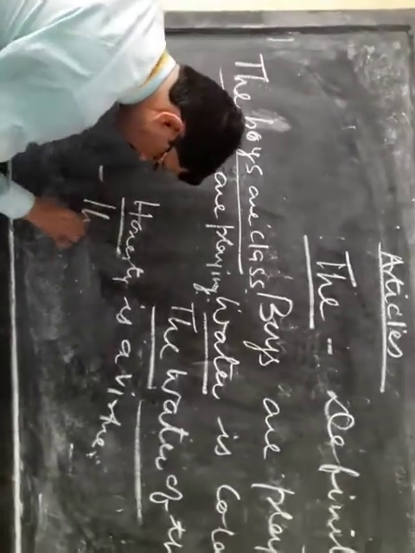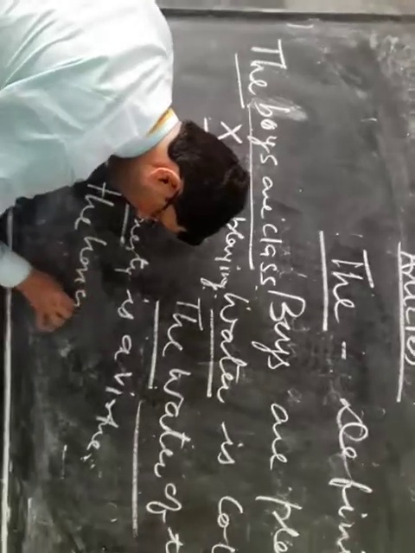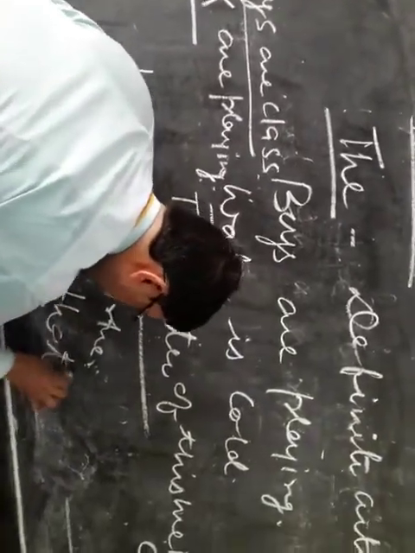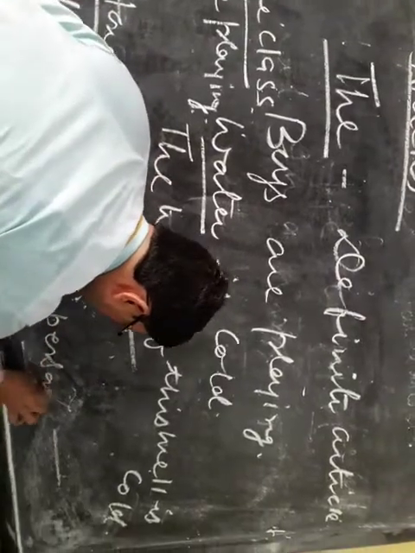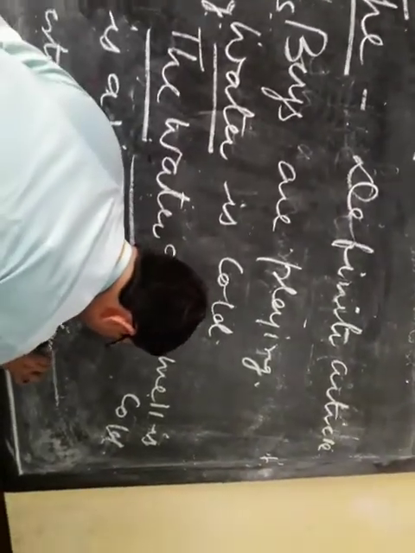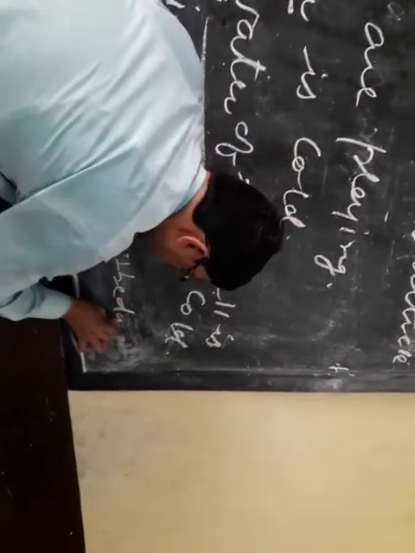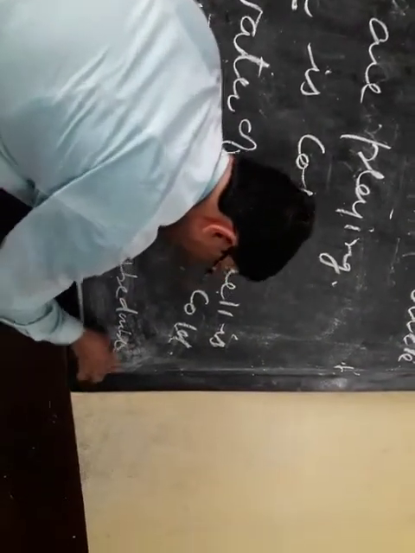Suppose: the honesty of that person can't be doubted. What does it mean? Whose honesty? That person's. The honesty of Mohan cannot be doubted.